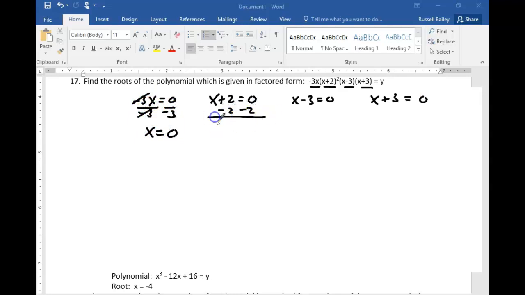For this one, we get -2. For this one, we get 3. And for this one, we get -3. So I've got 4 roots there: 0, -2, 3, and -3.